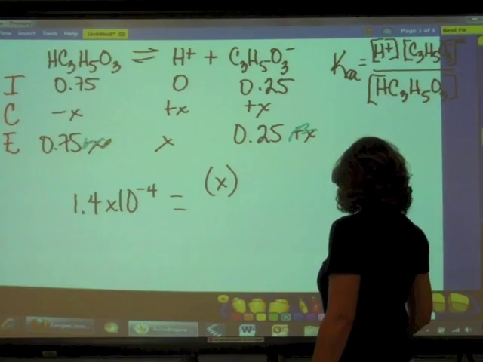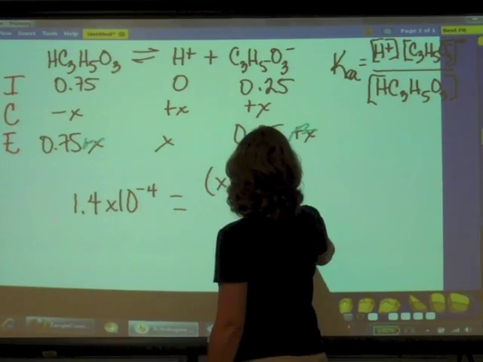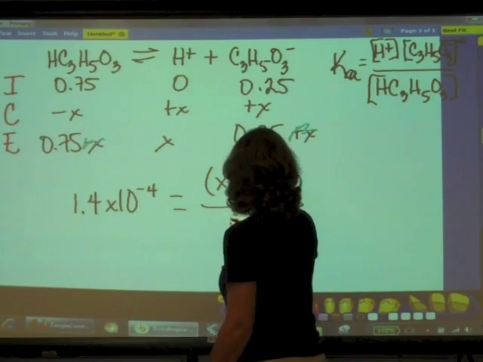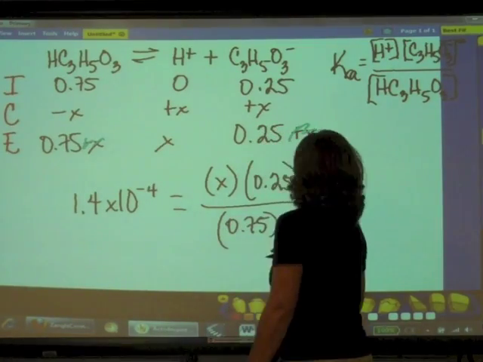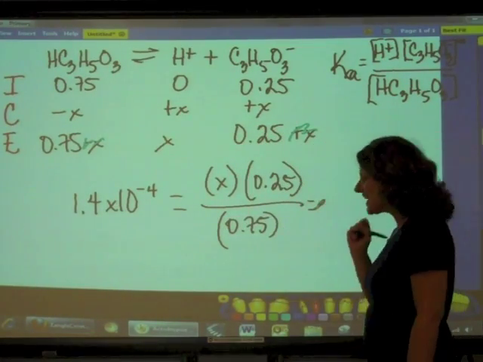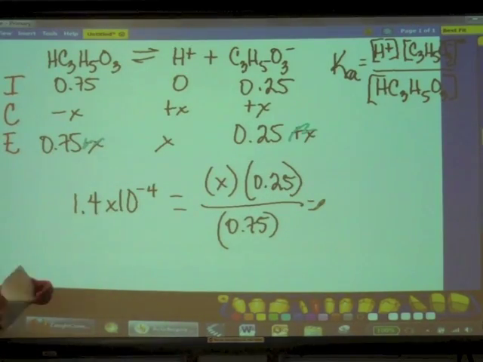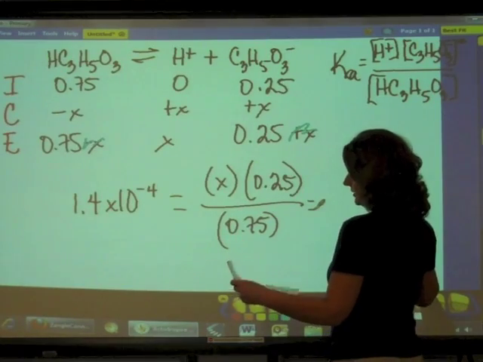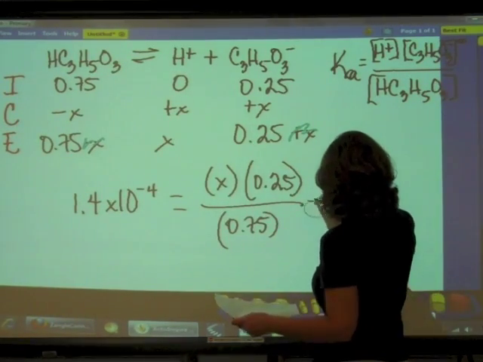Right, just to make my life a little bit better, times 0.25, and that's going to be over 0.75. And my answer for x, if I solve for x, let's go ahead and erase this.